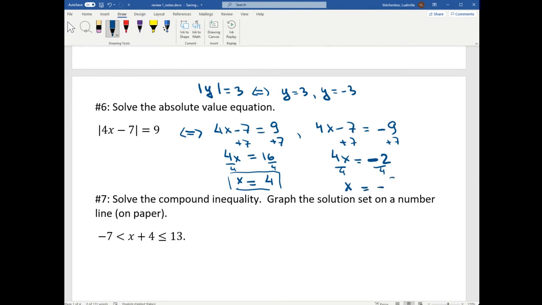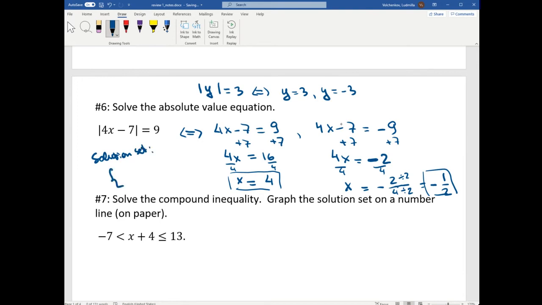X equals -2 over 4. And we can simplify the fraction, dividing by 2 in the numerator and in the denominator, and get -1/2. The second solution.